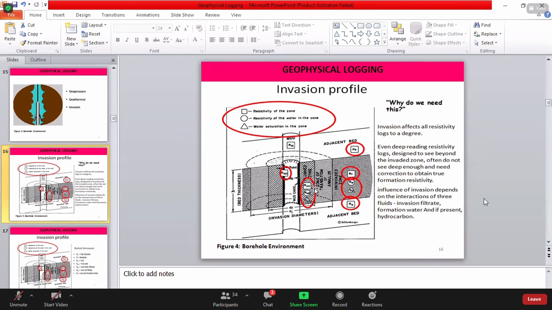Do you get it now? What do we mean by the invaded zone? What do we mean by the uninvaded zone? The invaded zone is divided into two. We have the flushed zone and the transition or annulus zone.